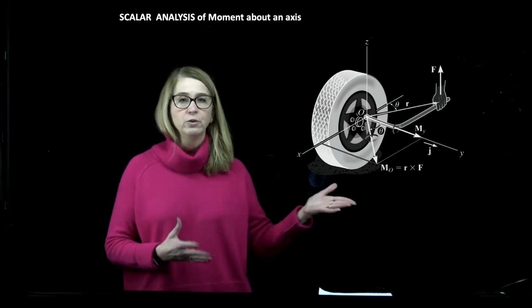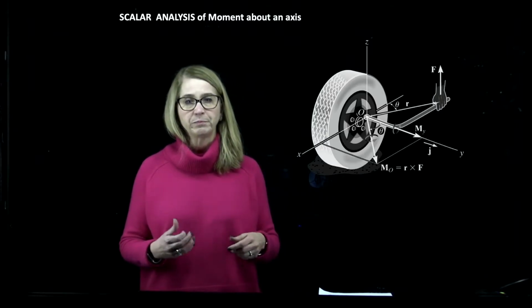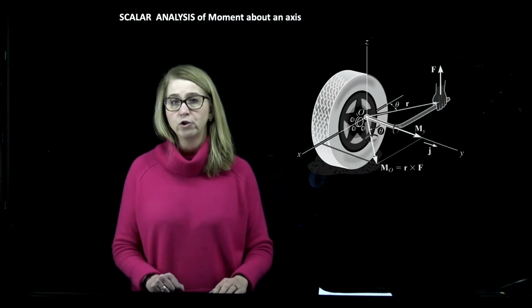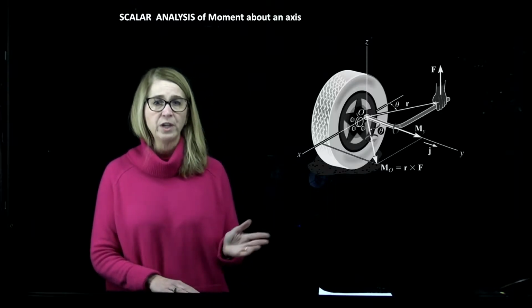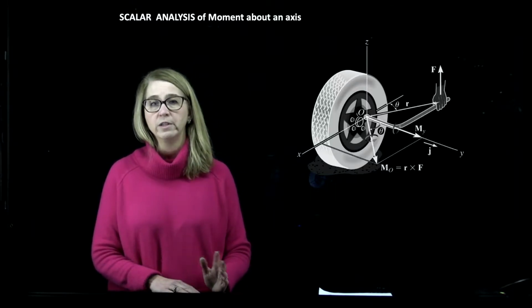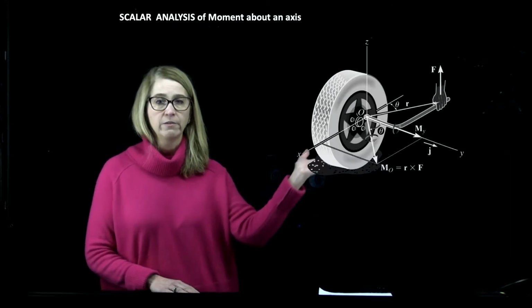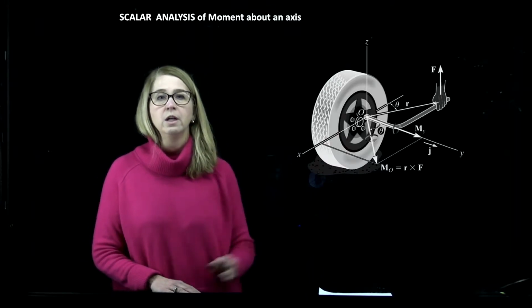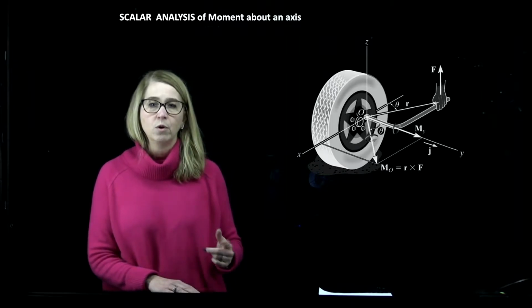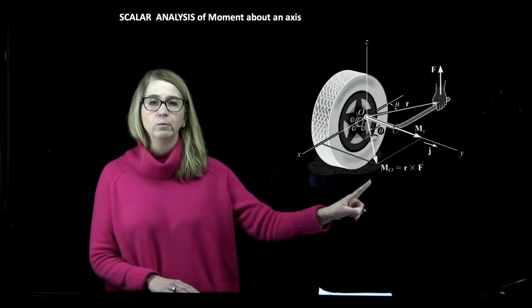So when you're using this wrench here and applying the force in the way that it's shown, if you take the moment about the origin of this axis, that is, if you think about r cross F using your right hand rule, you would get a moment as the result.